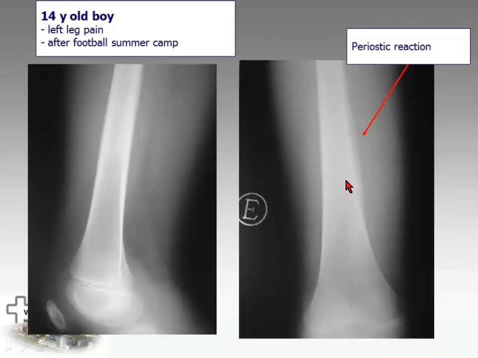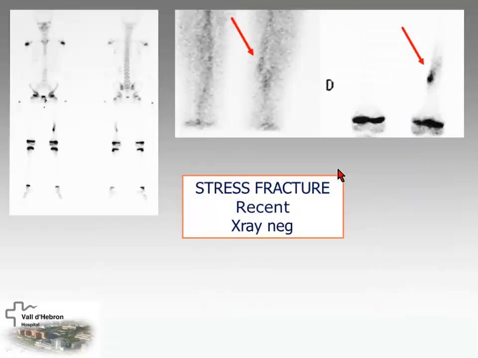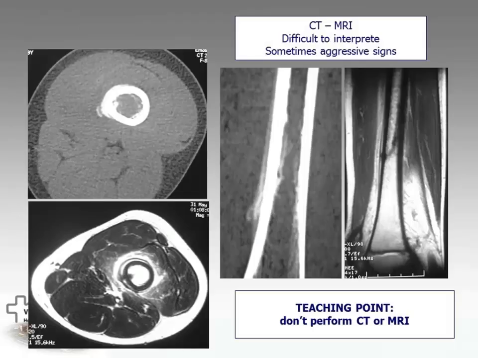But in this other case, it's more or less the same history, but he was a football player, and he has pain in the left leg, and here we have a periosteal reaction. We performed a bone scan, and there is a lesion with a mild increase in the blood pool here, and here a very focal, nearly linear lesion. This was reported as a possible stress fracture, but the family was very anxious and asked to perform a magnetic resonance.